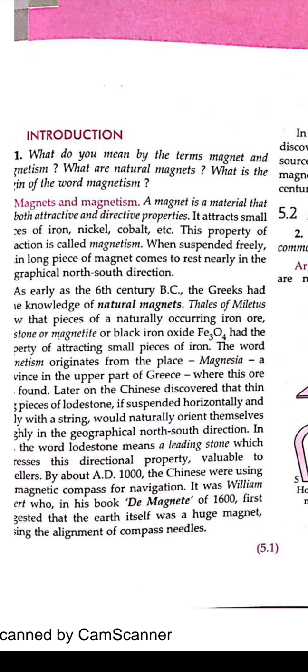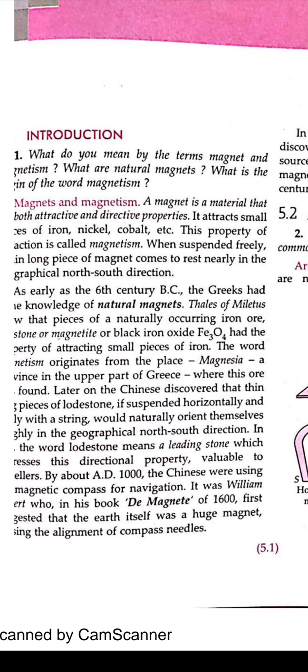Due to this they thought that some arrangement was there in the land below where these iron nails were being attracted, and they were not comfortable walking. So under the land there is a magnetic element. They came to know that there are some materials which have this magnetic property. This attractive property was named the magnetic property, and since it was found first in Magnesia, it was named magnetism.